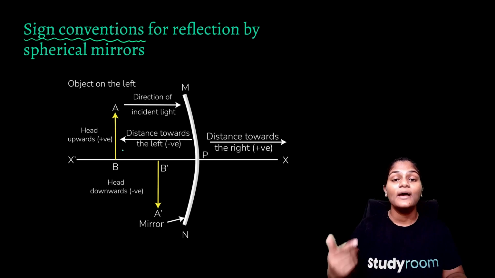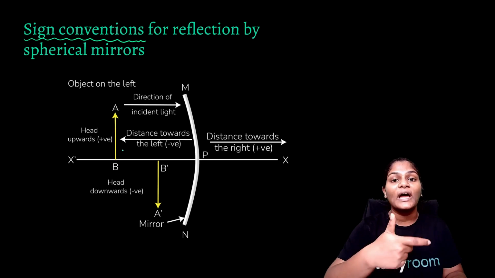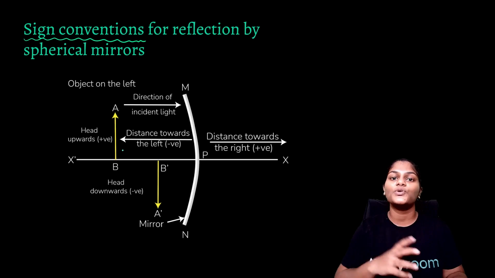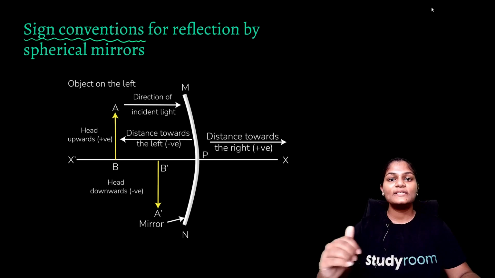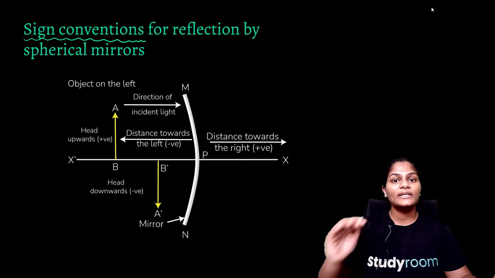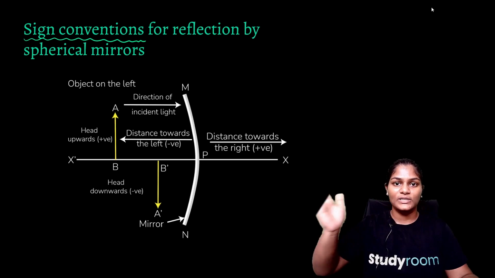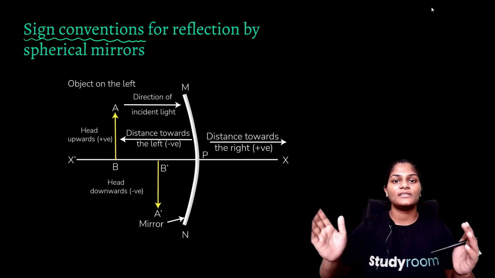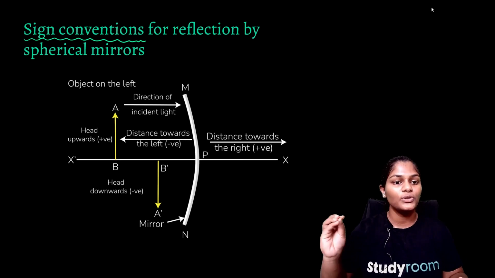This was the sign convention decided for the number system, so that universally there is no confusion regarding the numbers. In a similar way, a sign convention was decided for spherical mirrors also, so that it doesn't happen that someone says all images formed towards the right are positive and someone else says they are negative. So there is one clear decided way that we are going to study now.